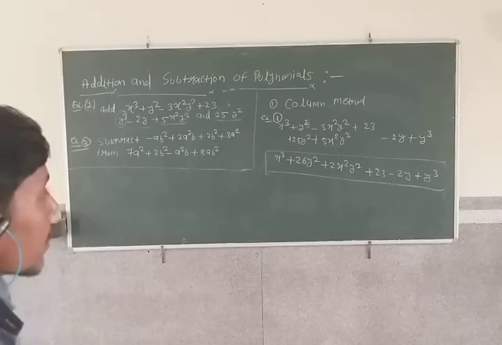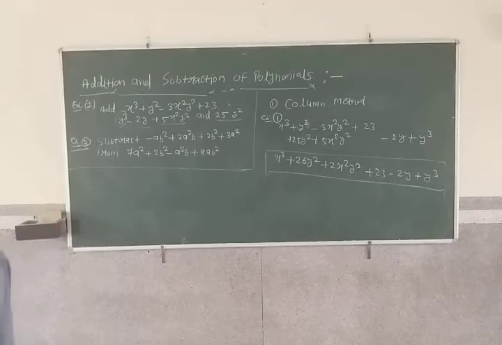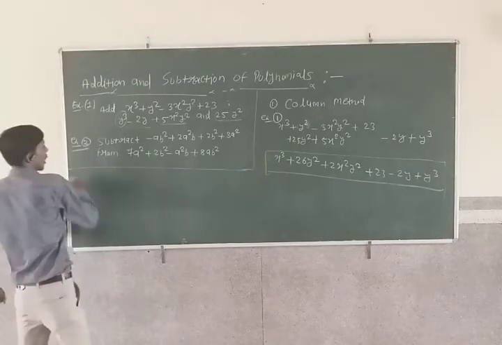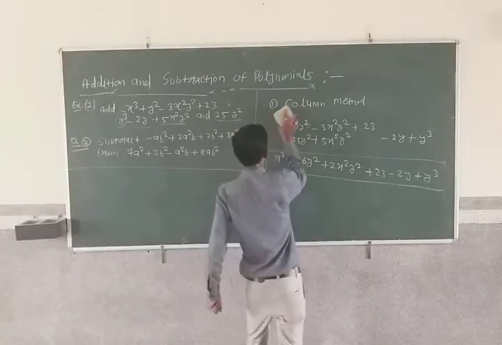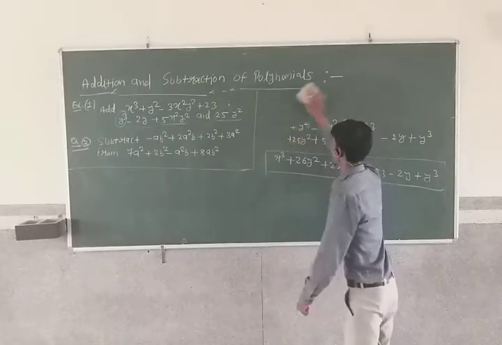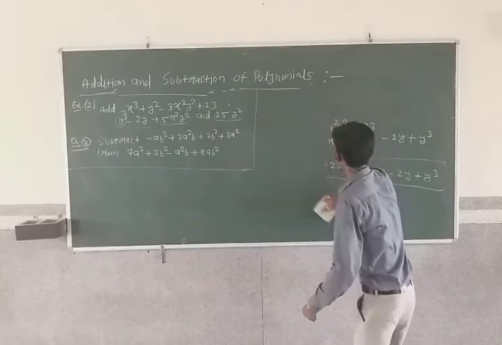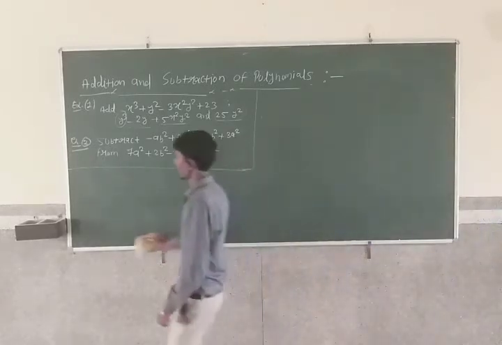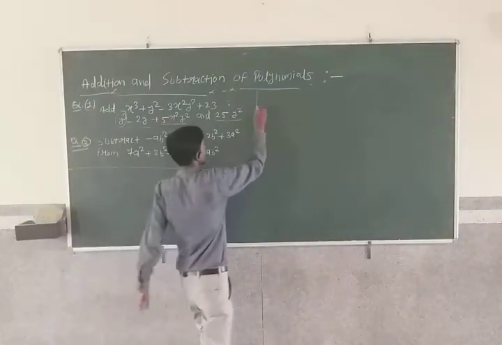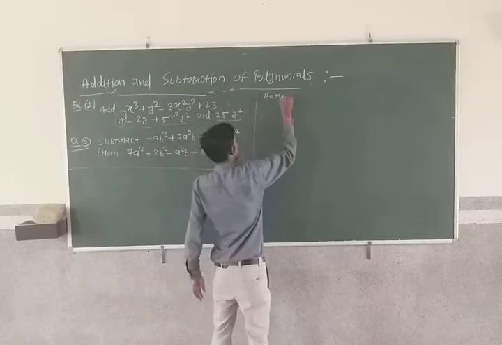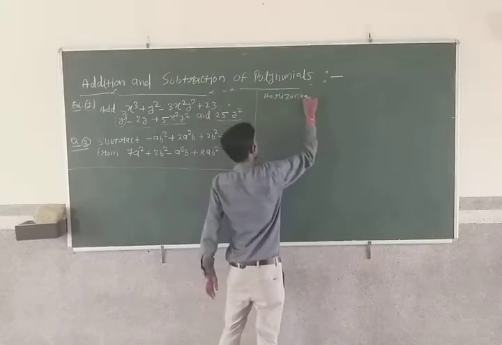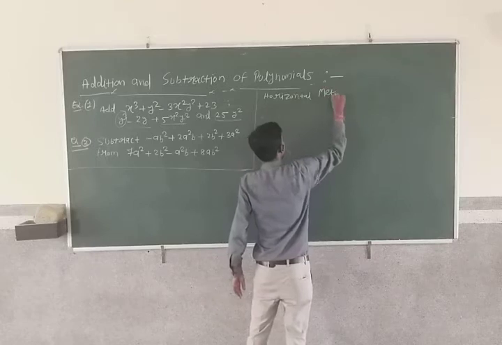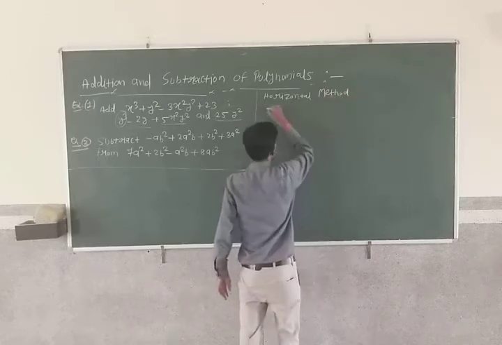Now, what is the horizontal method? Let me explain the horizontal method also. The same question I will solve with the horizontal method. So how can we solve using the horizontal method?